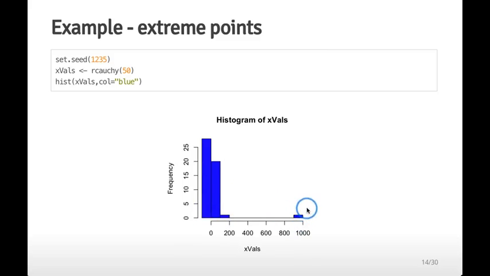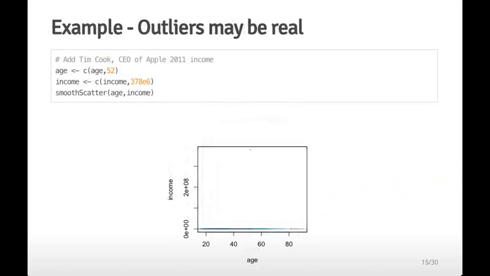Another example you might see is one where it might be real. In that previous example, it wasn't clear necessarily whether the value I was looking at was due to a real measurement or potentially due to some error in how the people collected the data or wrote the data down.